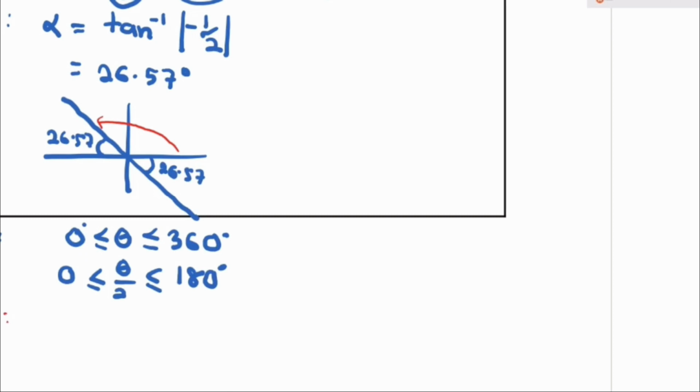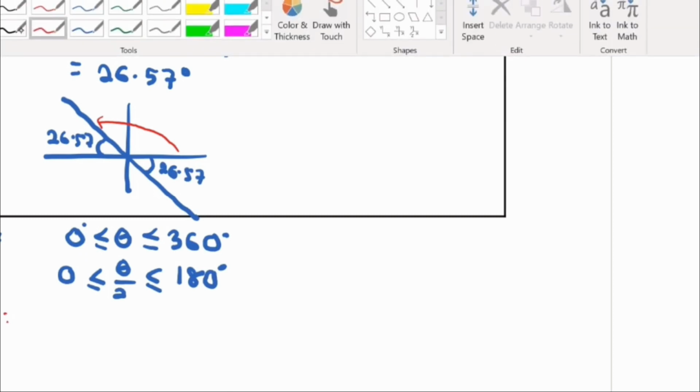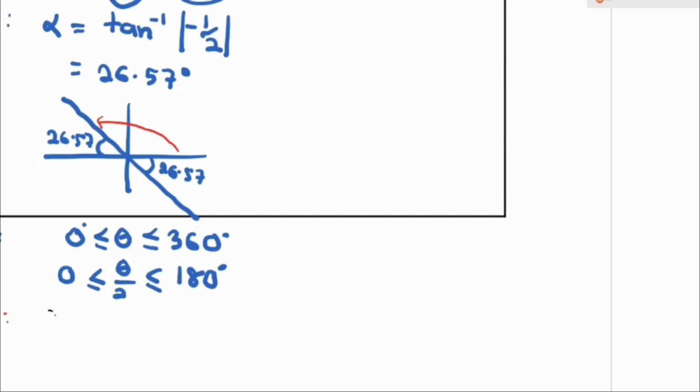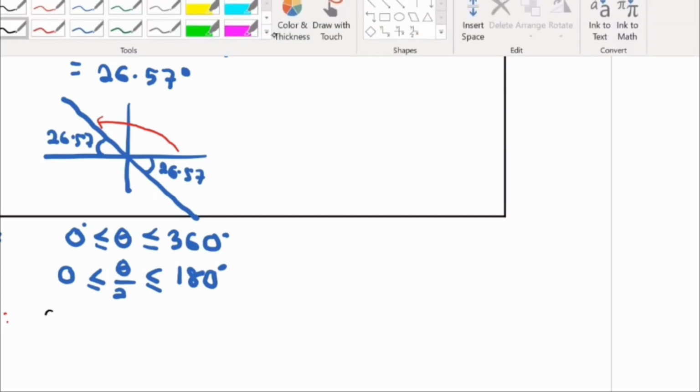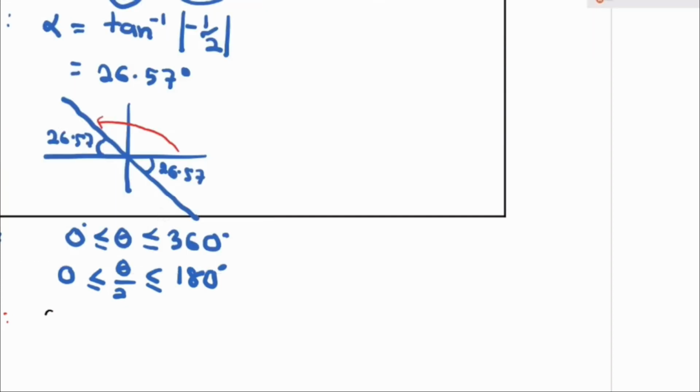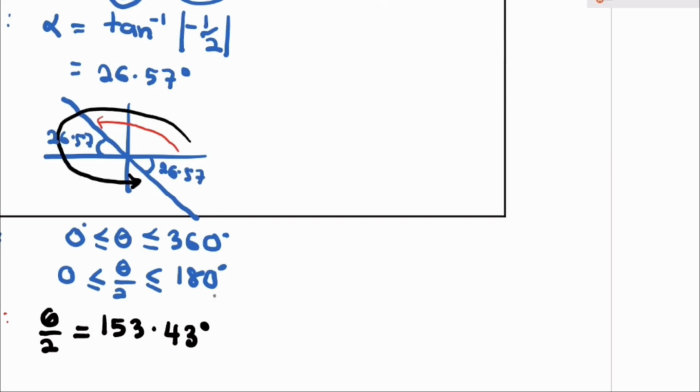So the answer is theta over 2 equals 153.43 degrees. If you rotate more, it is already more than 180. Your limit must be 180 only, it cannot be more than 180.